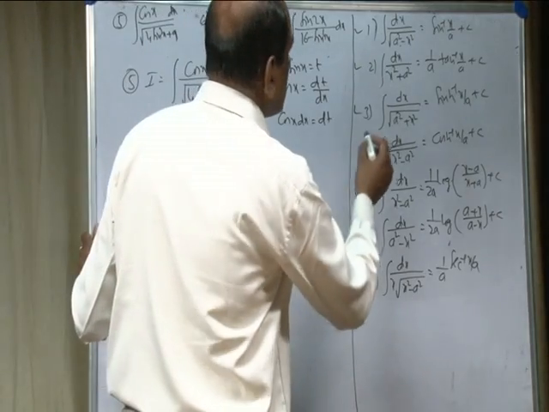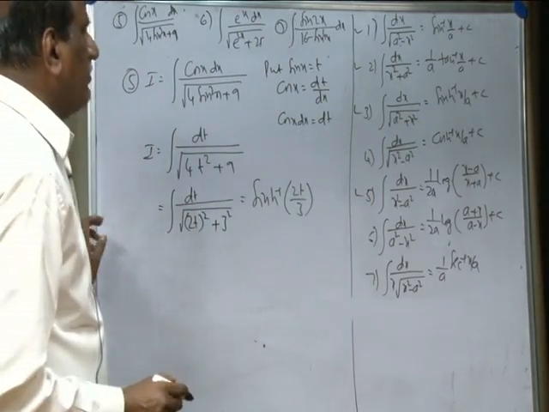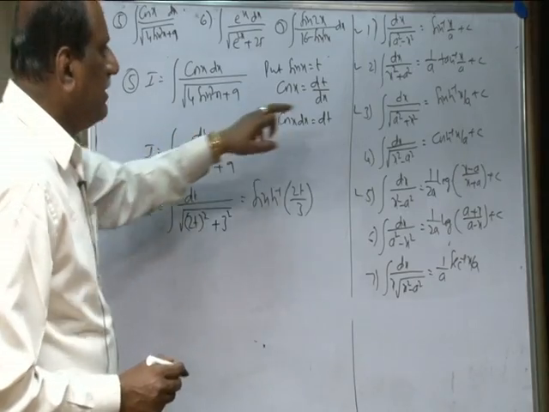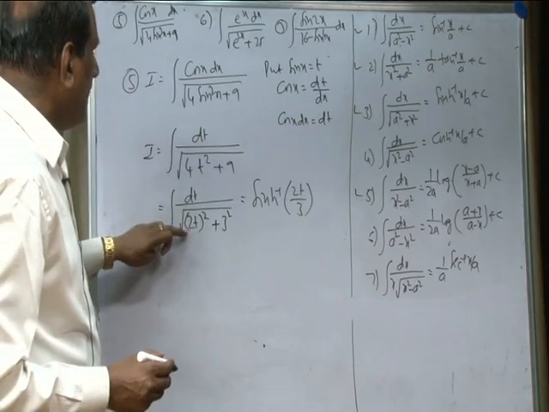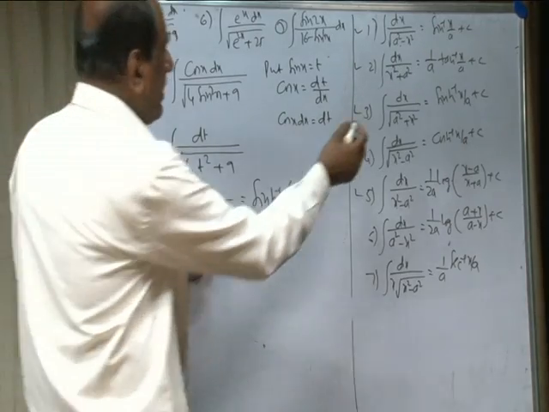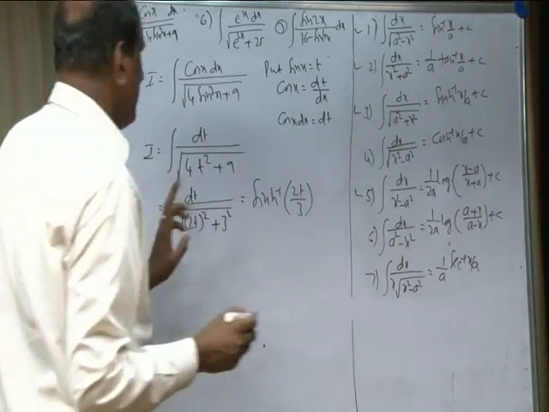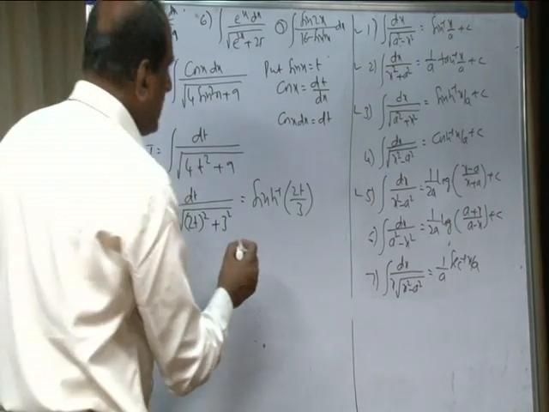Here the variable is t, no problem. Dt by root of 2t whole square plus 3 square, sin h inverse 2t by 3.